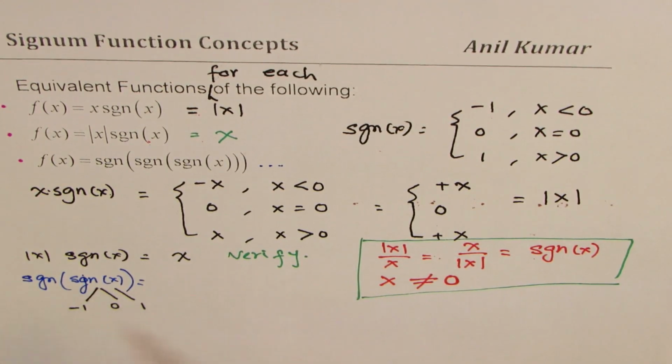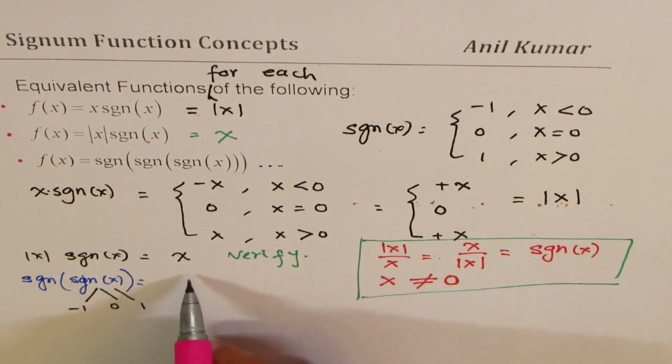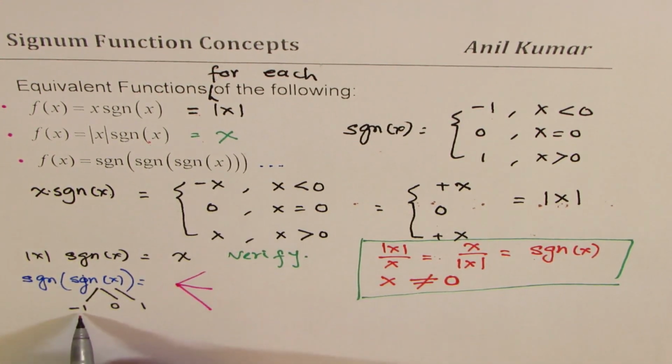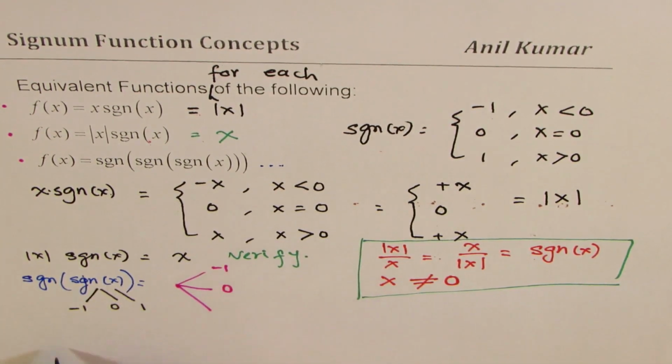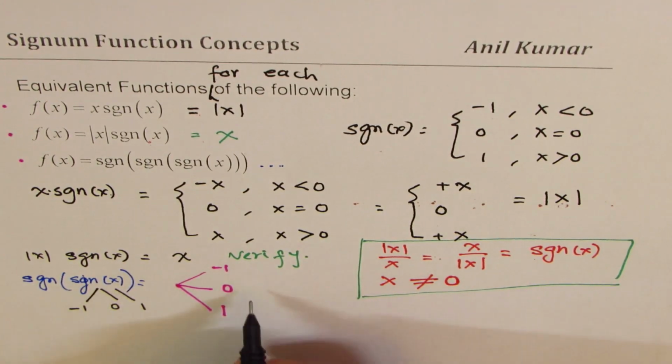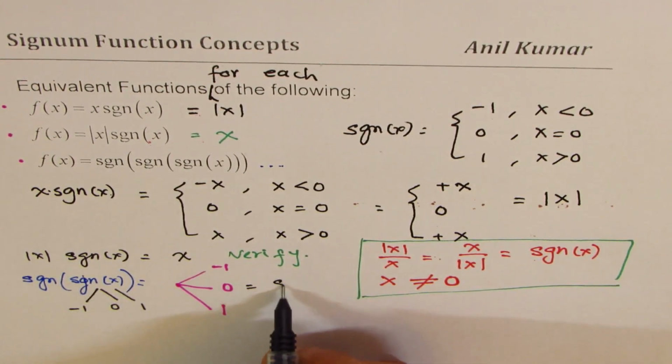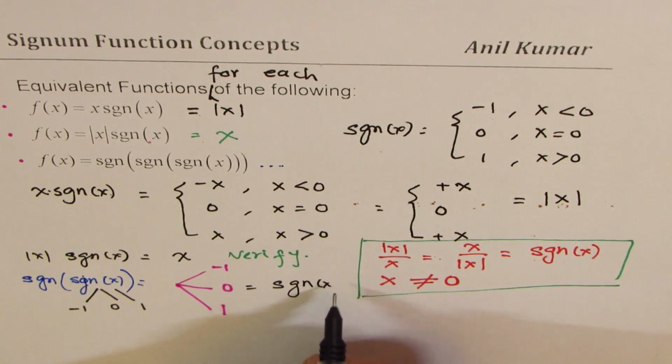That is the output. And if the output is -1, in that case, what will you get? You're getting the idea, right? So if the output is -1, it will result in -1, 0 will result in 0, 1 will result in 1. So what you really get is that this series is also equal to signum x.